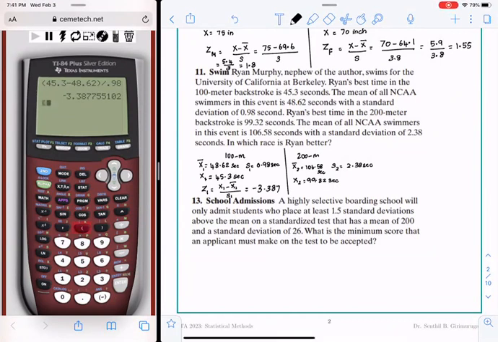In the 200 meters, we have 106.58 as the average.